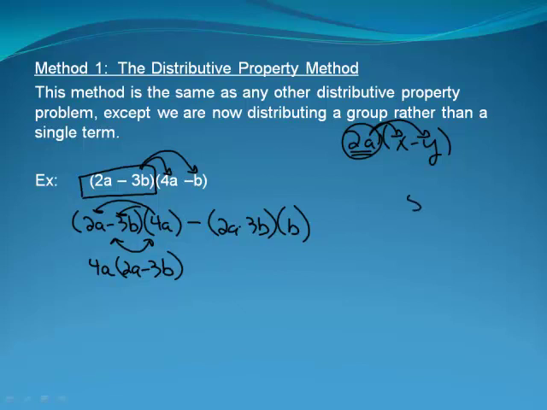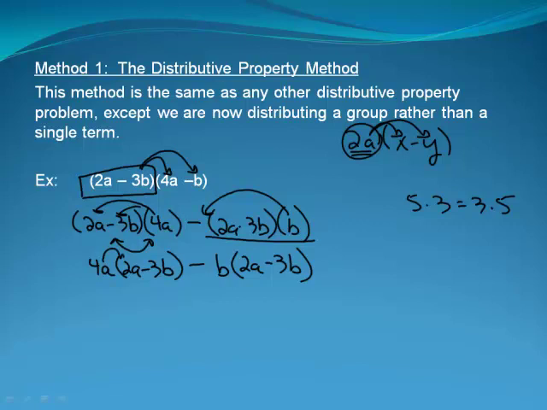It doesn't matter what order you multiply in, you're going to get the same answer. So I can do the same thing for my second term here. If I want to write my b before my group instead of after my group, that's okay. It's the same thing. Okay, and that step is unnecessary. It's up to you. If it doesn't bother you to distribute from the back, that's fine.